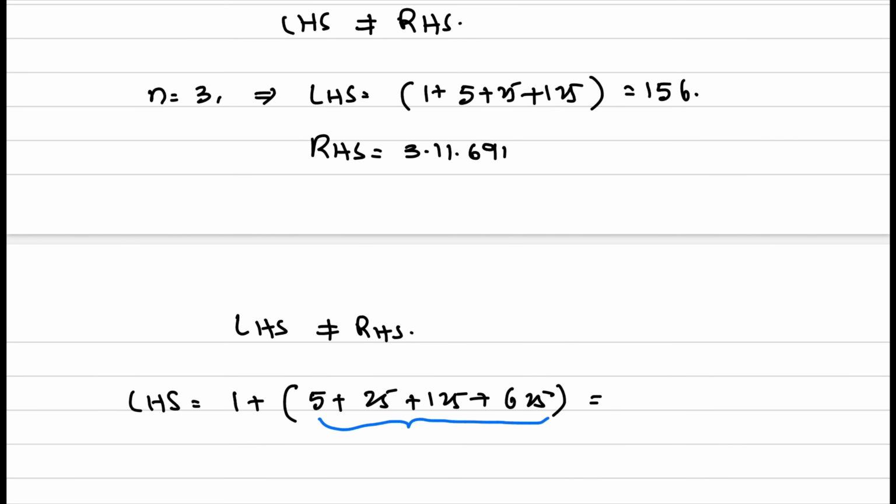This will be 150, 155, 155 plus 625 is 780, 780 plus 1 is 781. This is not equal to 3 into 11 into 691.